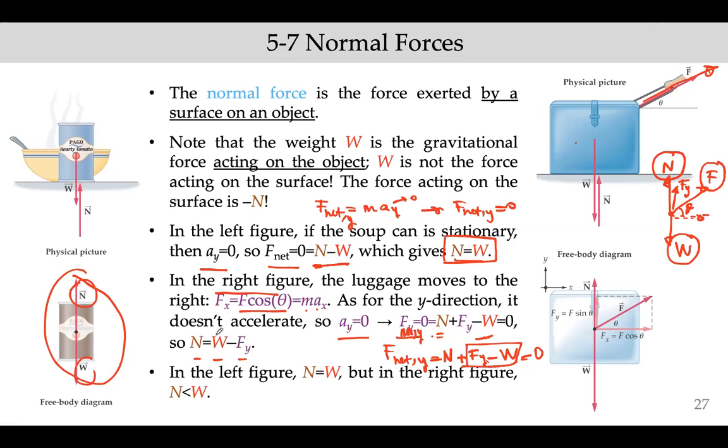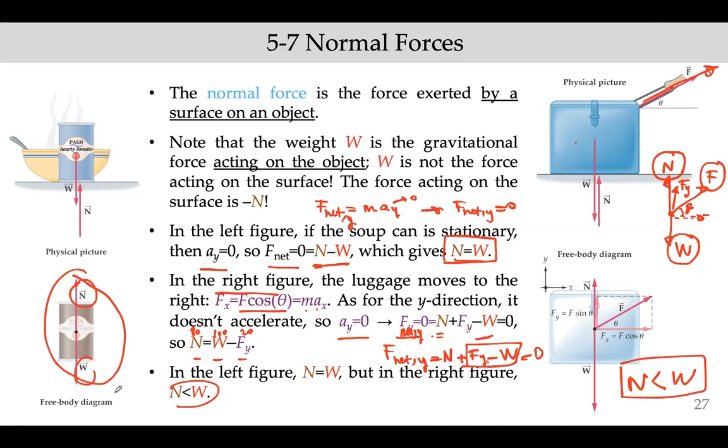Say weight is 100 newtons and Fy is 20, then normal force becomes 80. So the normal force is actually smaller than the weight in this case, right? So here, normal force is smaller than weight.